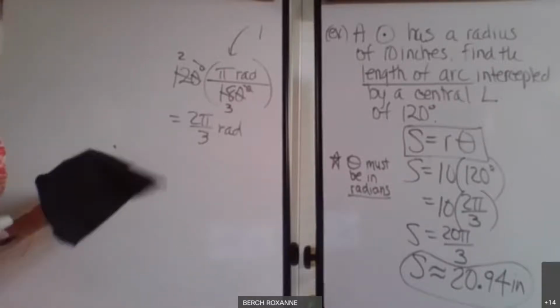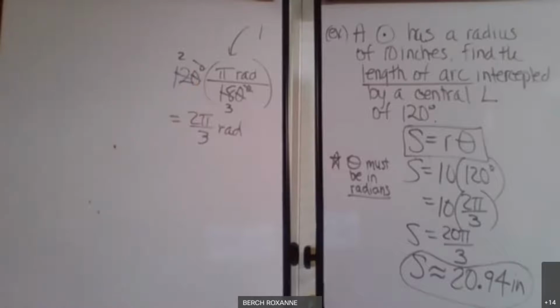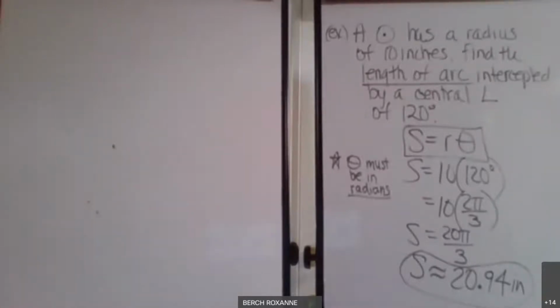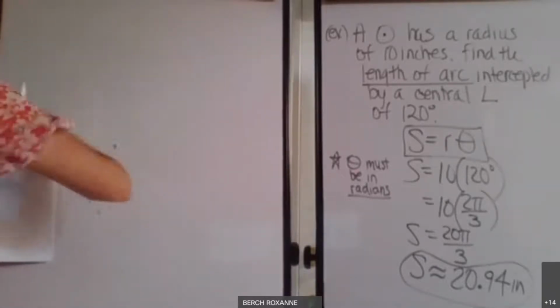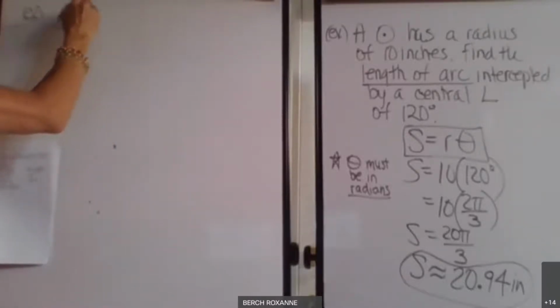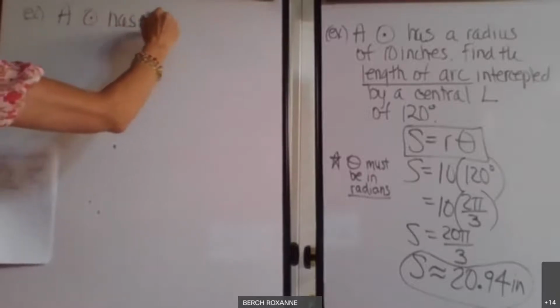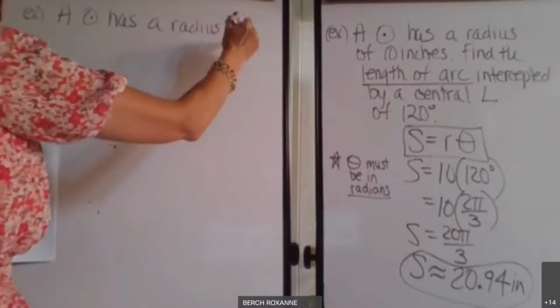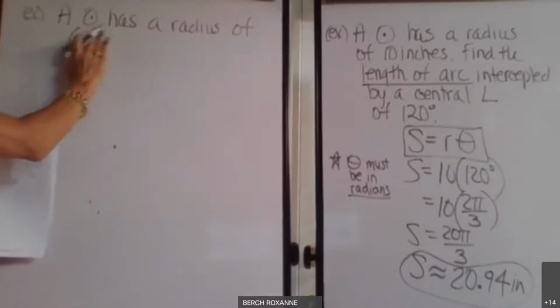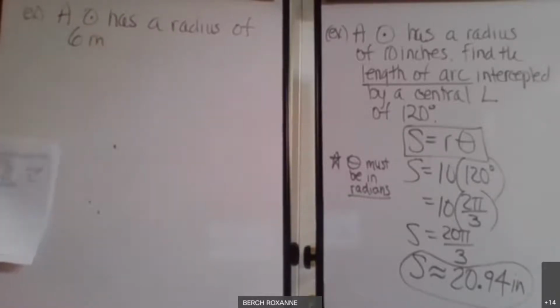All right, let's try another one. Okay, a circle has a radius of 6 inches. You know, let's just change it. Let's say change it to 6 meters.